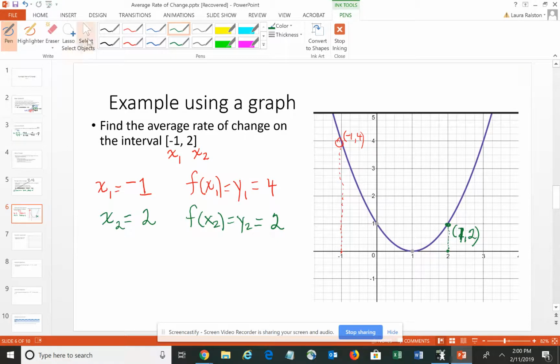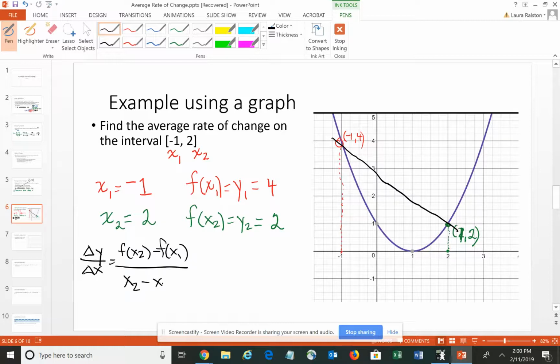Now, again, what you're really finding here, guys, is the average rate of change, which has to do with this line that connects those 2 points. So my rate of change, delta y over delta x, is f of x sub 2 minus f of x sub 1 over x sub 2 minus x sub 1.